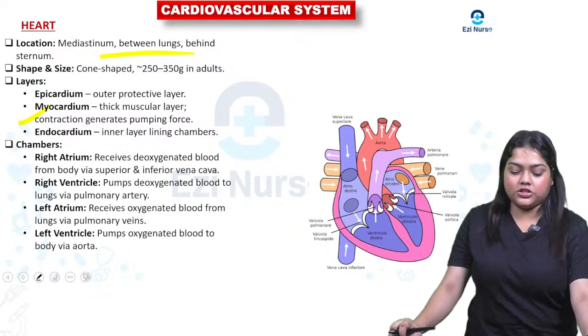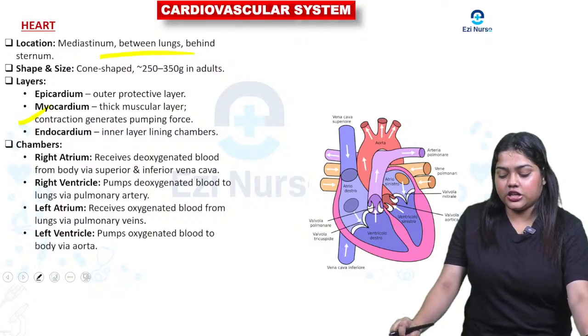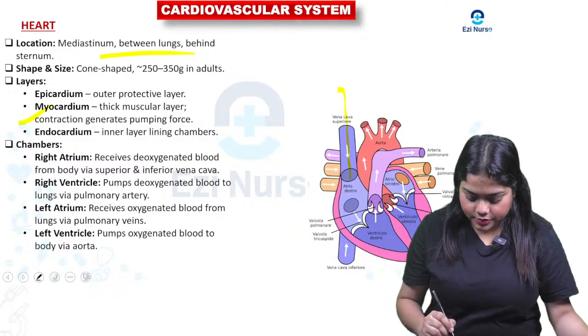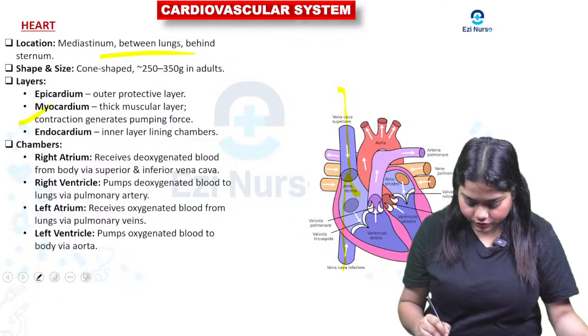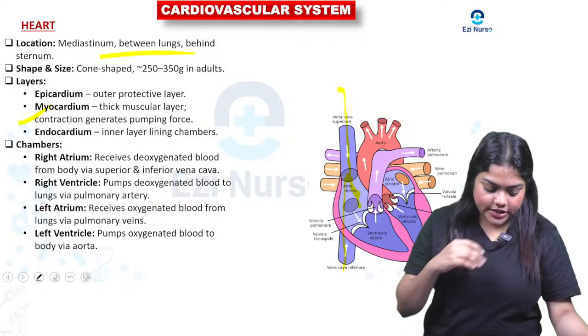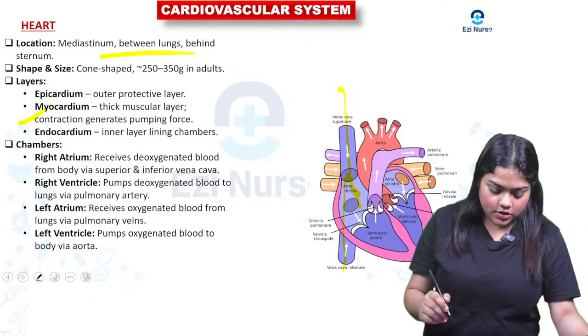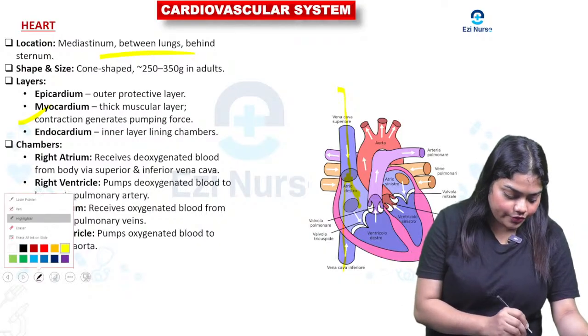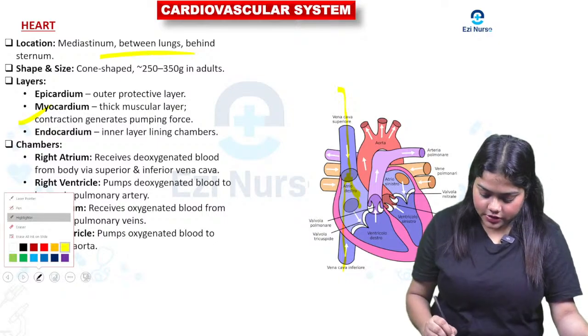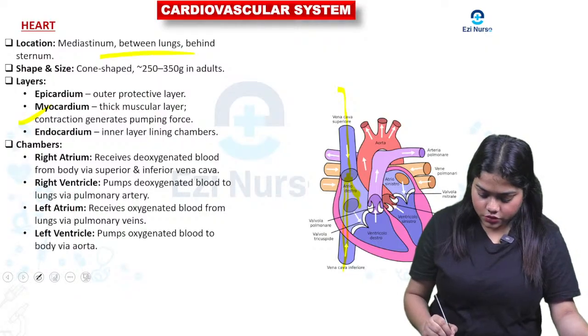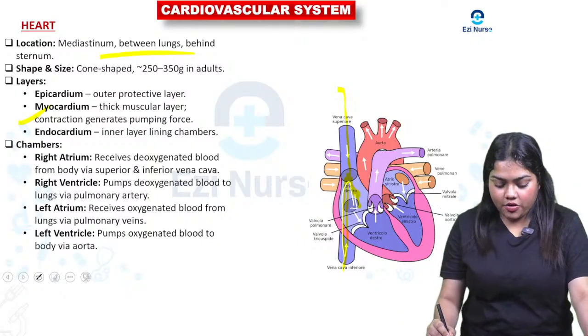Now we have four chambers: right atrium, right ventricle, left atrium and left ventricle. From the body, the deoxygenated blood comes through the superior vena cava and inferior vena cava to the right atrium.